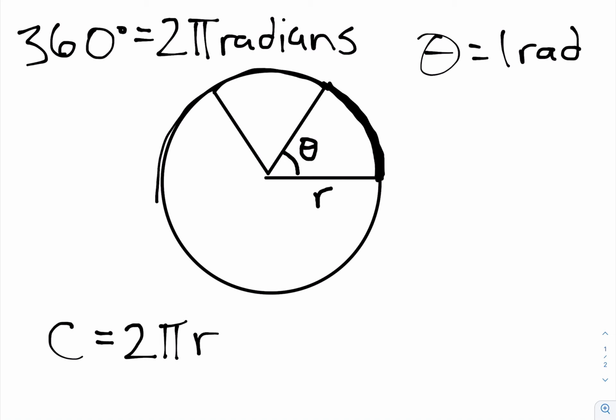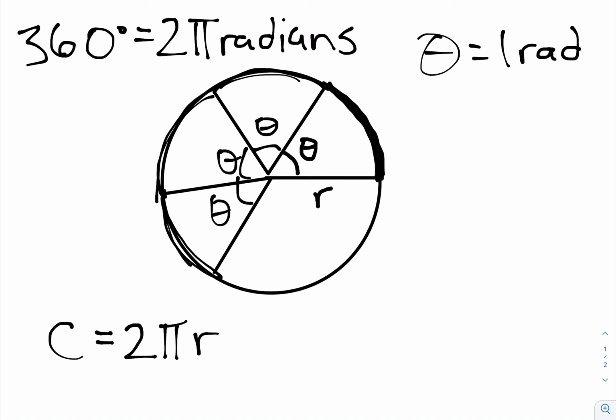If we have another one here, there's another one, and we just keep adding them up. After 2 pi of these radians, if these are all the same angle theta, if we just keep adding up these arc lengths, eventually we're going to get the circumference.